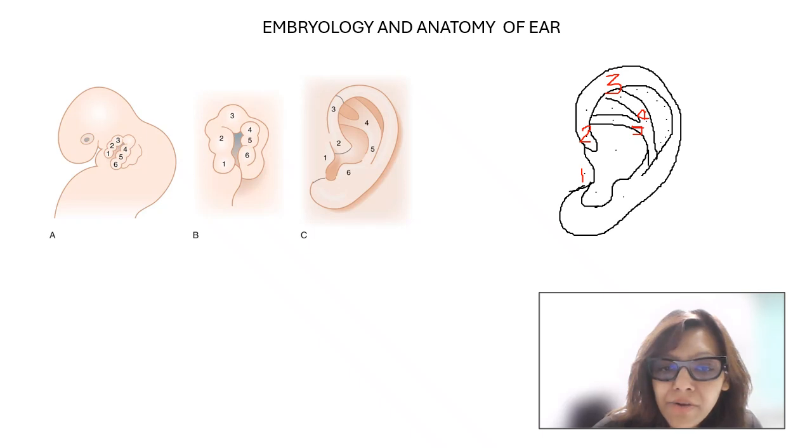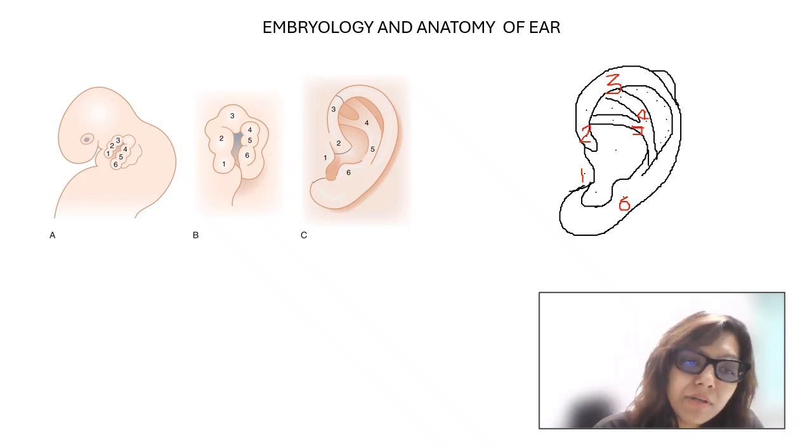And the antitragus or the lobule will be number 6. Here you have something called the Darwinian tubercle in some people. If somebody asks you, it is a normal physiological congenital aberration.